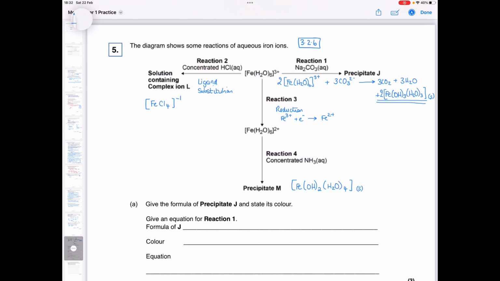Right, so let's have a look at the questions. Give an equation for reaction 1.